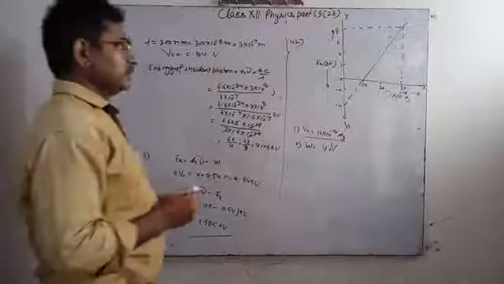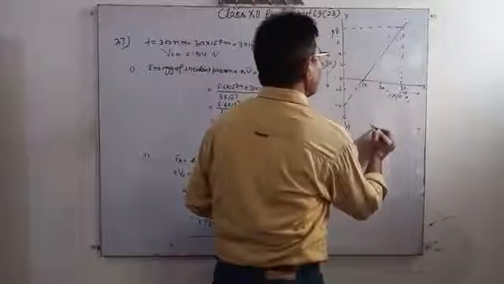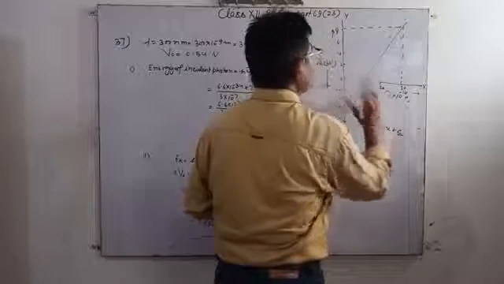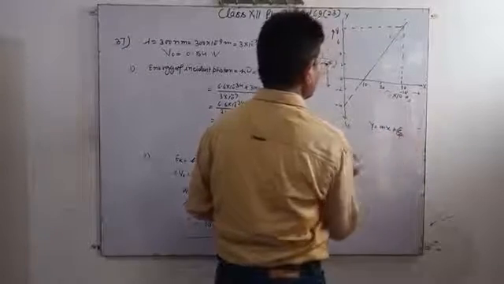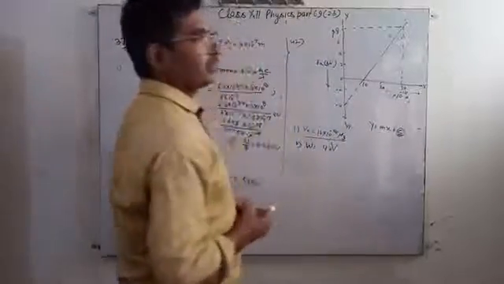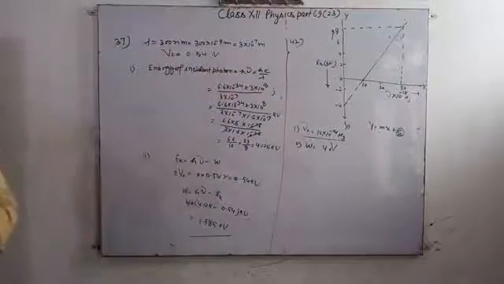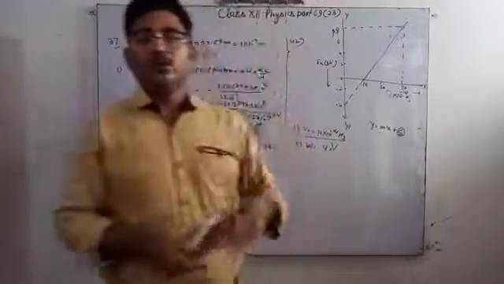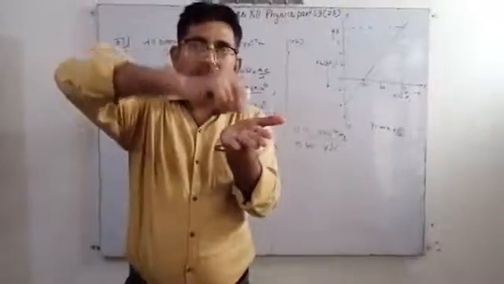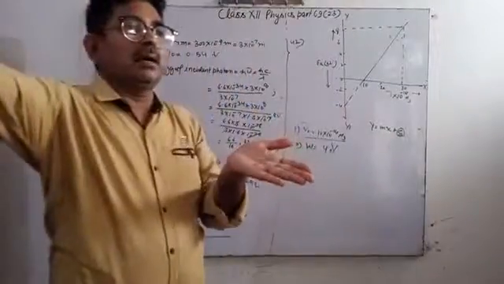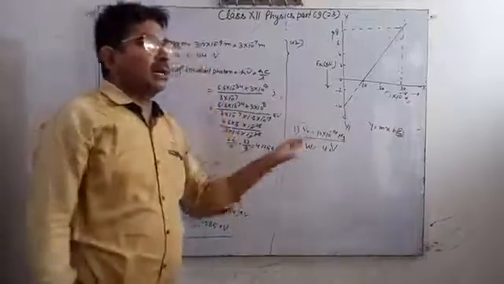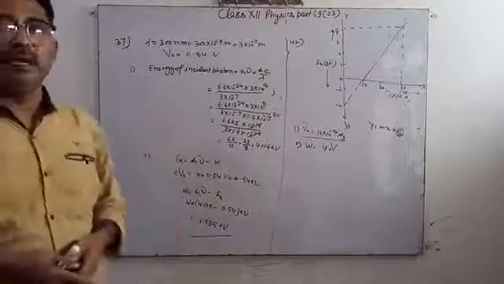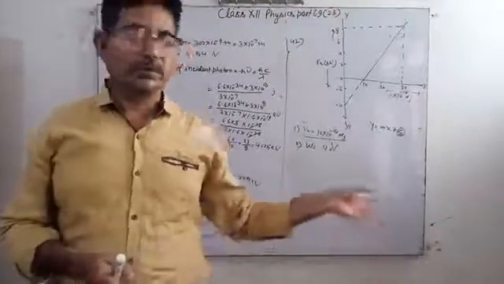You know this is a straight line, y = mx + c, and the intercept c is equal to the work function W. The work function is the minimum energy of an incident photon required to eject an electron from the metal surface. It is generally measured in electron volt.